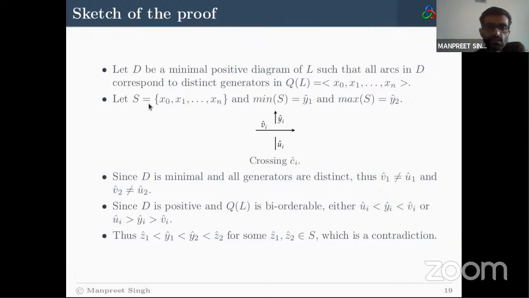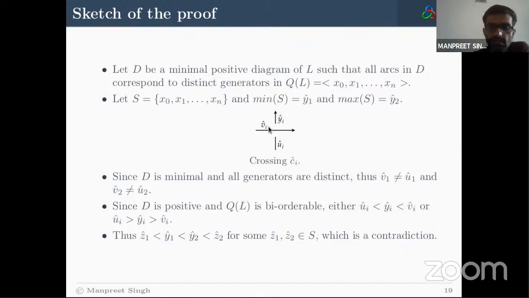We take a set S of generators corresponding to the arcs in the diagram D. And assume that the quandle QL is bi-orderable, so there is some linear order, and thus we can assume that there are some minimal and maximal elements in the set S under that order, say y1 hat, y2 hat.